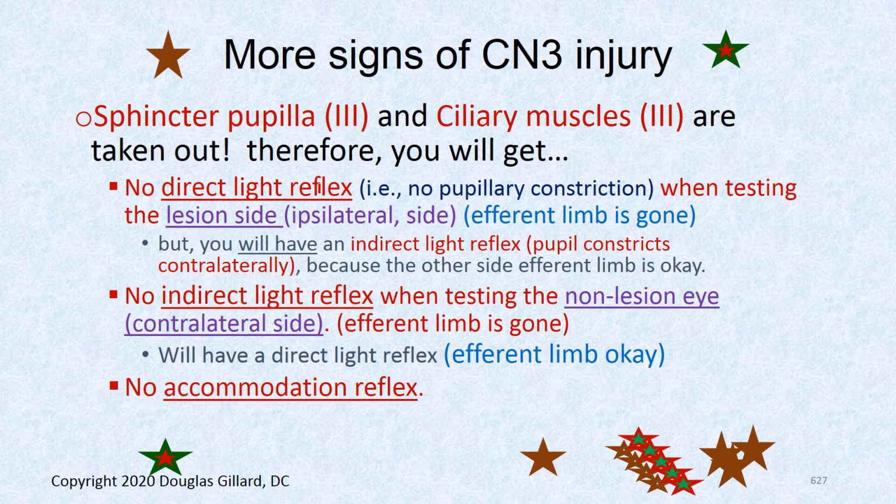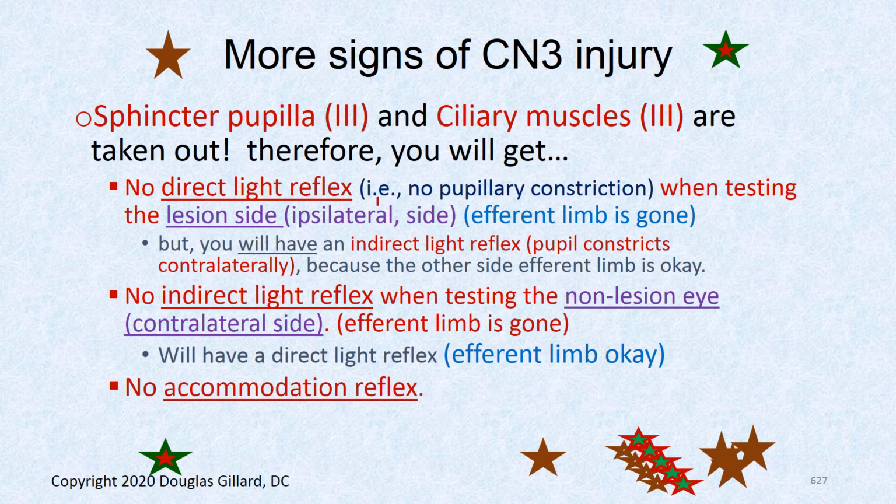So the direct light reflex will be shot because your pupil can't close. It's damaged. You shine your light in your right eye, and there's a lesion of the right oculomotor nerve. You'll get no reflex miosis or no pupillary constriction. So you'll have no direct light reflex.